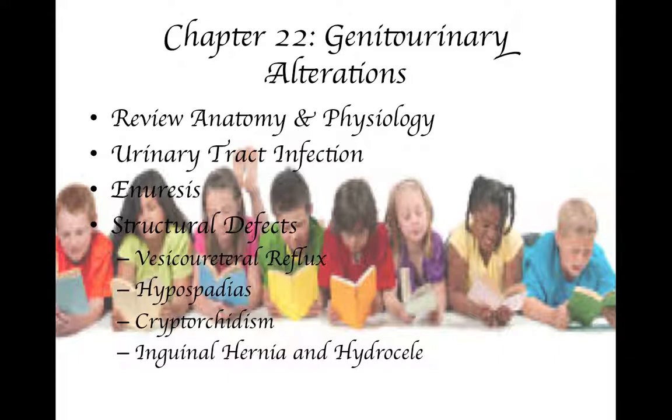Human chorionic gonadotropin, or HCG, may also be used to stimulate testosterone production to help induce descent of the testes. The optimal timing for surgical correction is when the child is between 1 and 2 years of age.